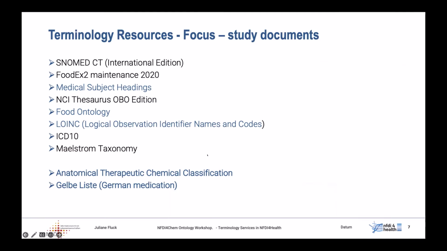On the other hand, we use the ATC, which is well known in the chemical area and well linked. And for Germany, we will also include the German medication list, which is focused on German medication.